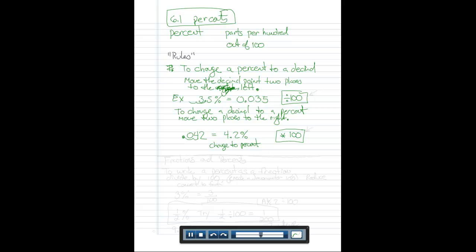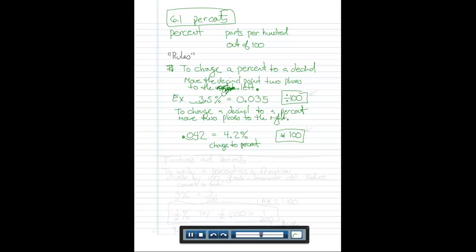Okay. Just try not to move the decimal the wrong way. And I just think with experience, 3.5% is close to that. If you move it the wrong way, you're going to end up with 3,500 as your decimal, which doesn't sound quite right, so you can back check yourself.